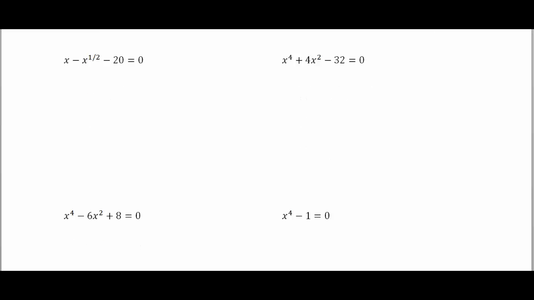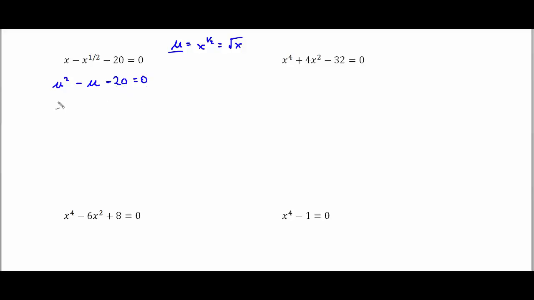So here we go with this problem here. What we have is our u is going to be set equal to x to the 1/2 power. And as a reminder, the 1/2 power of x is the same thing as the square root of x. This is going to make our u squared minus u minus 20 equals 0.